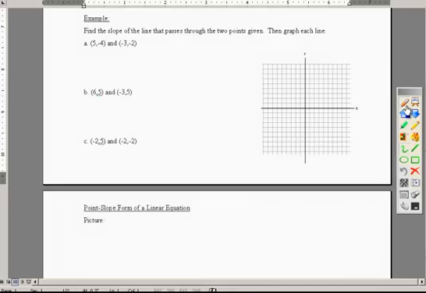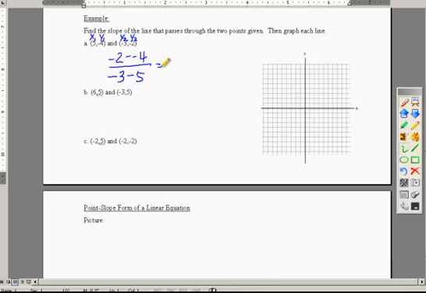If I label this, and sometimes to help I label this x1, y1 and x2, y2. It doesn't necessarily matter which point you label, as long as you label one point as the first point and the second point as the second point. But take a look, y2 minus y1 says -2 minus a -4 over -3 minus 5.